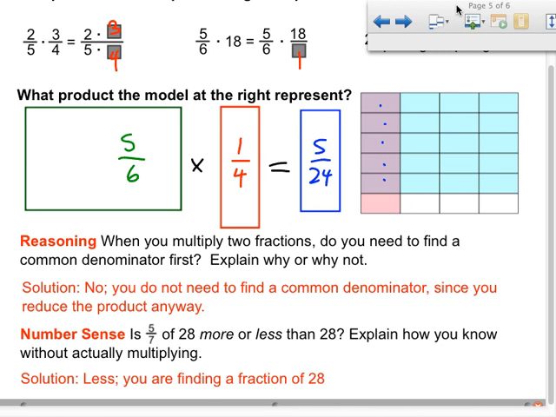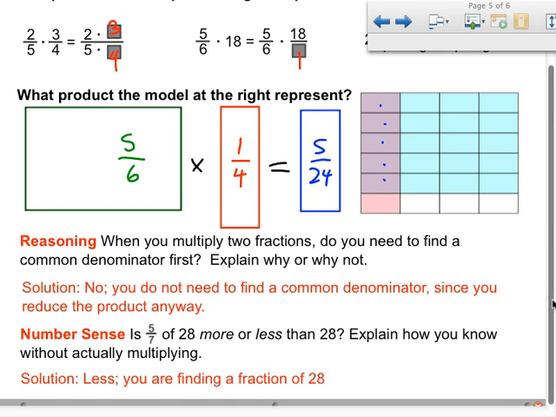I make it into a fraction by putting it in the numerator and a 1 in the denominator. Now, what's the second situation I have to fix? You have to convert the mixed numbers. So if I have mixed numbers, I have to convert them to what? Improper fractions.